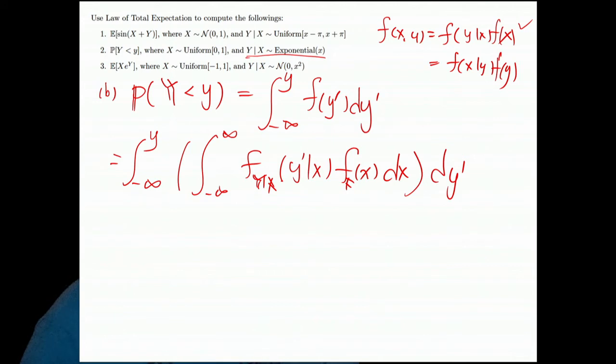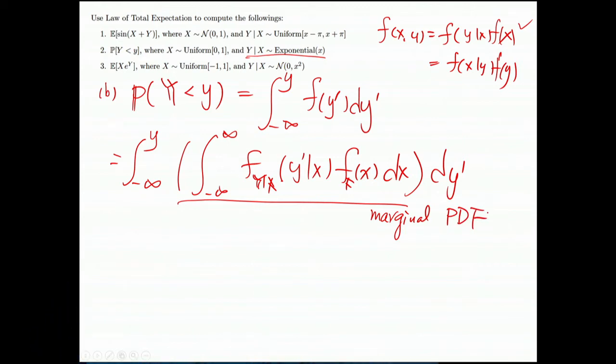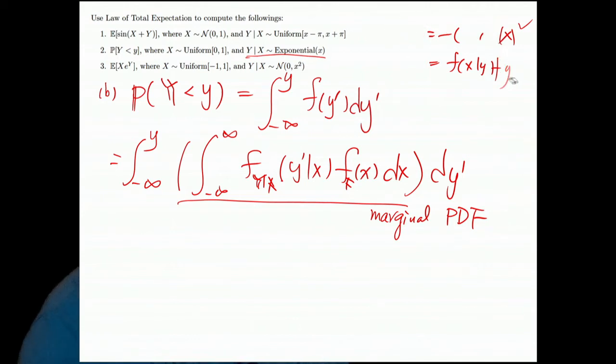This is also the marginal PDF of y. So we won't use this anymore, just use the marginal PDF.